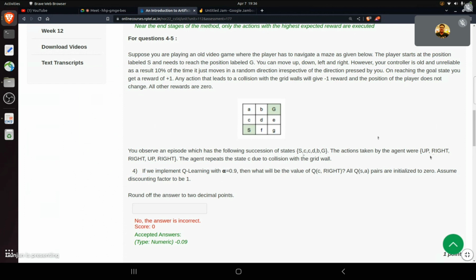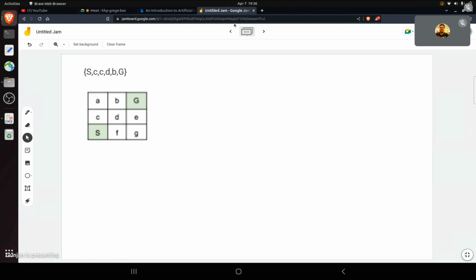The first time, you start at C, take right, and you end up at C again, and then again you take right from C. Since all the values are initialized to 0, the first time you do Q(C, right), it will be 0.1 times the old value, which is 0, plus 0.9 times the reward that you get, that is -1, because you banged into a wall.